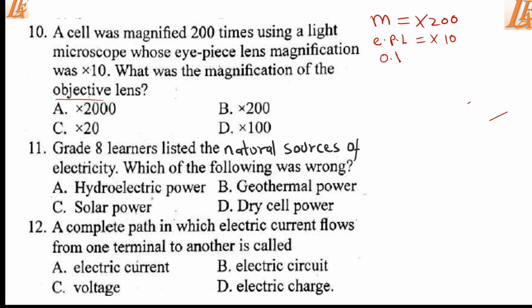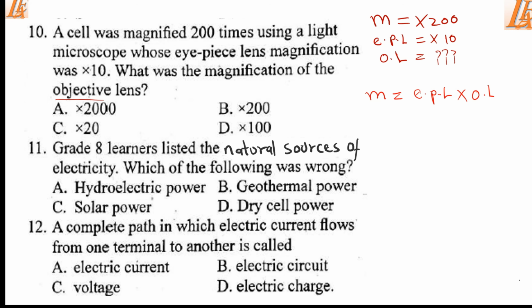Let's indicate with symbols. Objective lens, that's what we are looking for. So in this case, we know magnification is equal to eyepiece lens times objective lens.